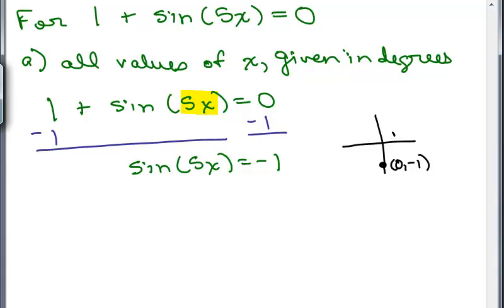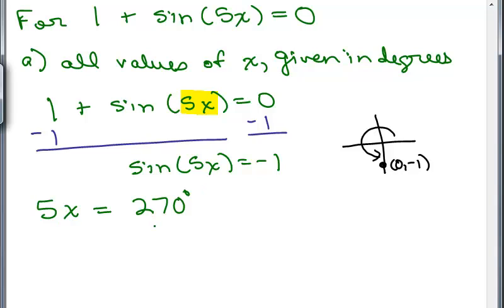In degrees, that would be 270 degrees. But that's not x, that's 5x. So 5x could be 270 degrees.